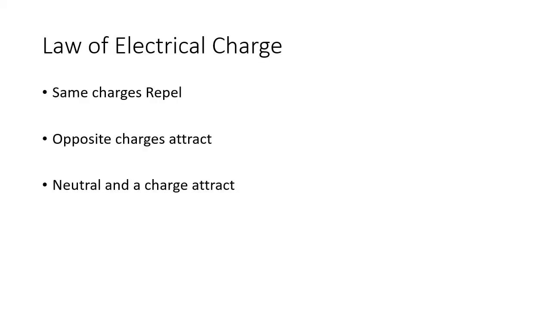In going with static electricity, there are a couple of different laws that we need to talk about. Well, there's just one law, but some iterations of it. The law is the law of electrical charge, and it says essentially that same charges repel.